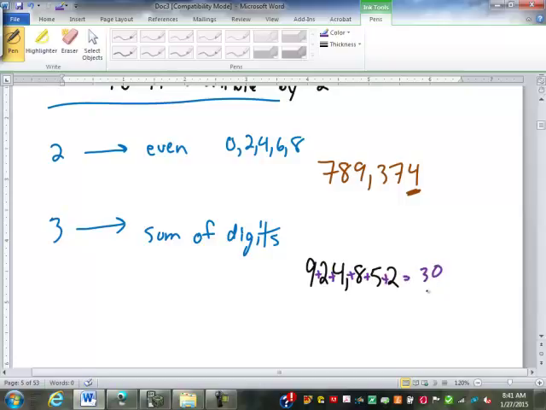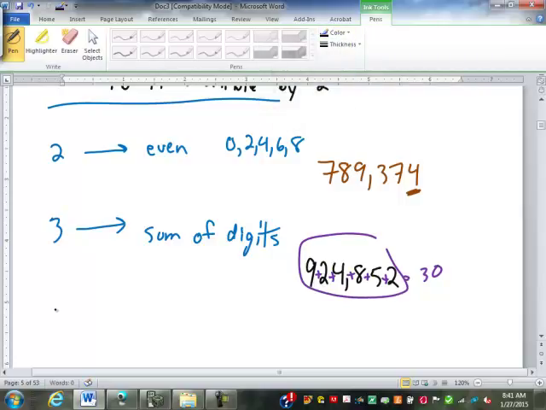Is 30 divisible by 3? Yes, it is. So therefore, the whole number is divisible by 3. If you add up its digits and that sum is divisible by 3, the whole number is divisible by 3. It is divisible by 2 as well, but it's also divisible by 3.